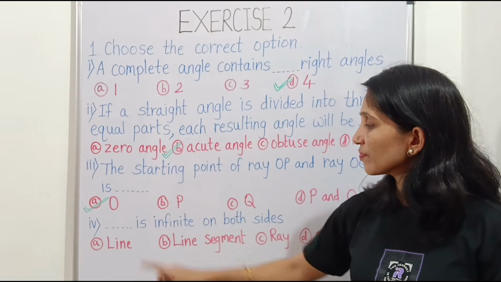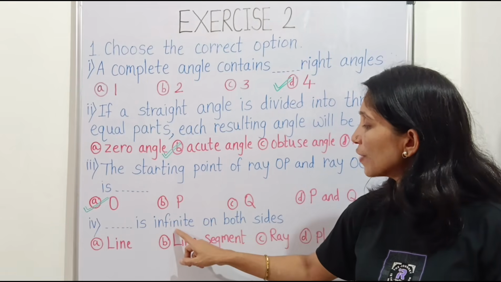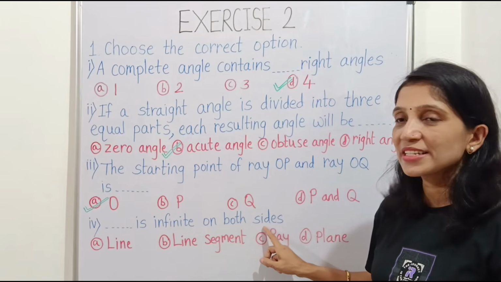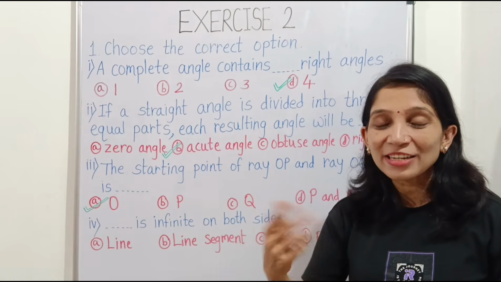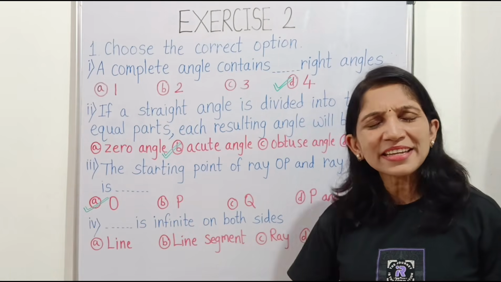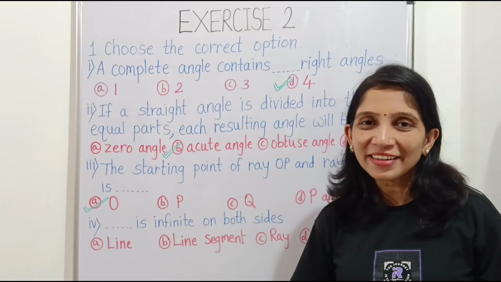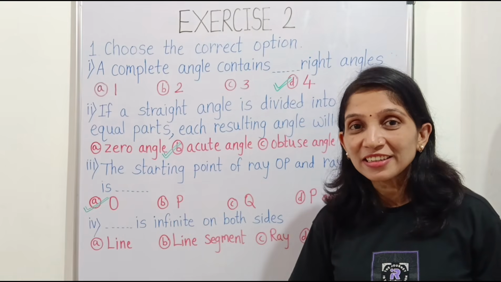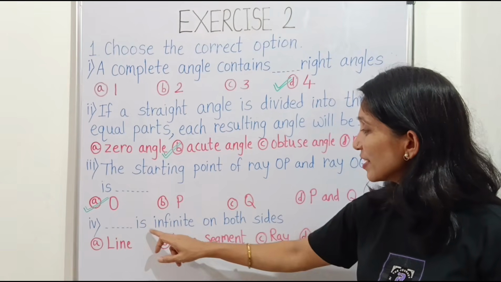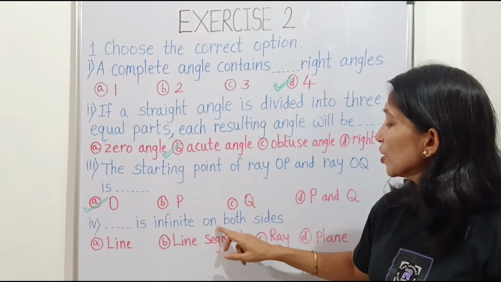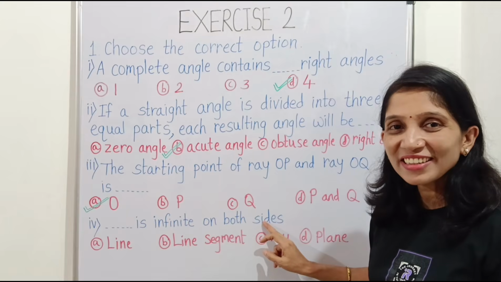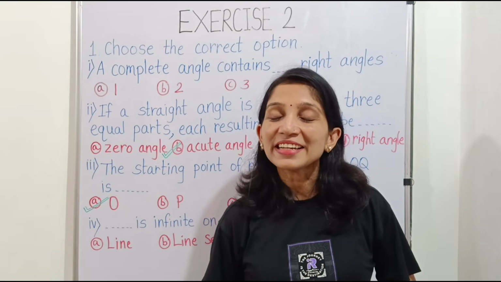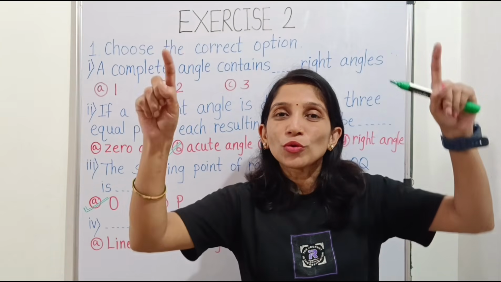Fourth one, dash is infinite on both sides. What is infinite? Yes, line is infinite. Ray is also infinite. And plane is also infinite. But see the question, what is given? Dash is infinite on both sides. Line is infinite on both sides.